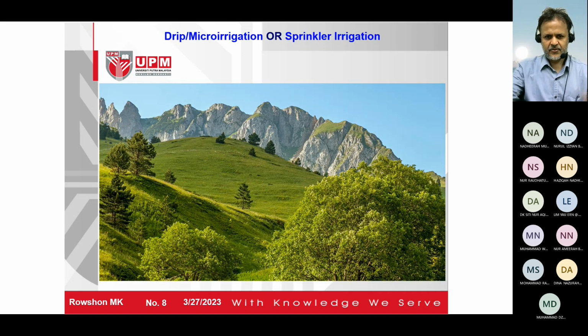Okay, there is another one. Like land like this. If your topography is what is called undulating, you can see here, if I draw a line, it means it is not horizontal. There is a difference in elevation, every place has elevation differences.